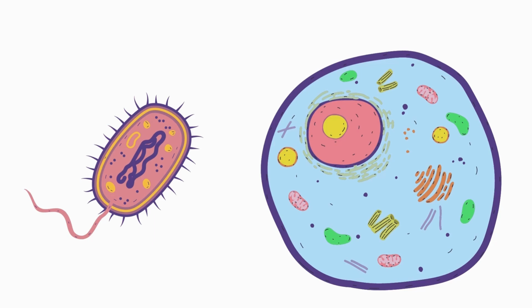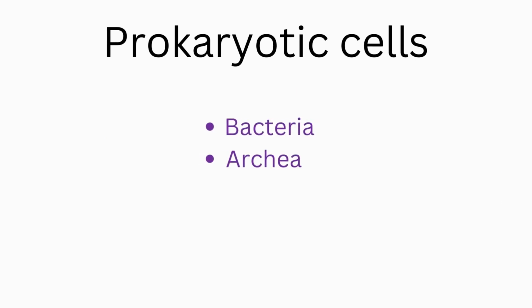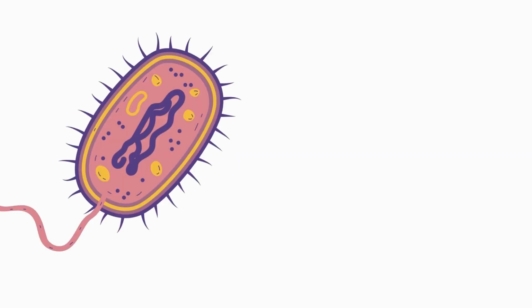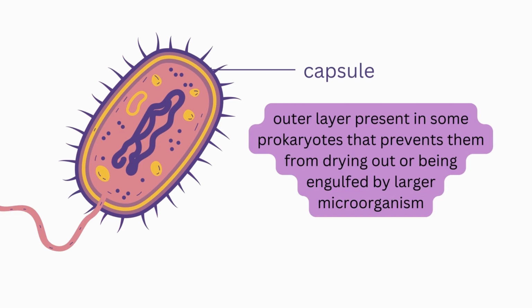So let's start by describing the structure of prokaryotic cells, examples of which are bacteria and archaea. Some prokaryotic cells have a capsule, which is an outer layer that prevents the cell from drying out or being engulfed by larger organisms.